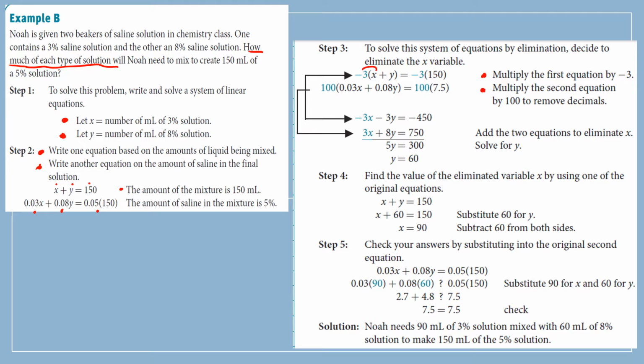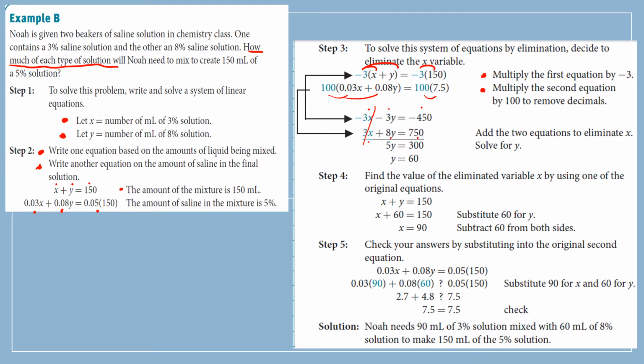So once I do that, distribute that -3 in, I would get these terms. And when I distribute this 100 in, I would get these terms up here. And then my x terms will eliminate because I have -3x and 3x. My y terms will be 5y, and then -450 and 750 will give me 300.